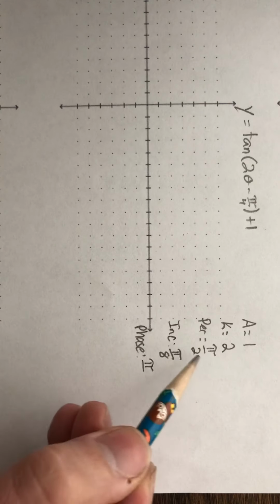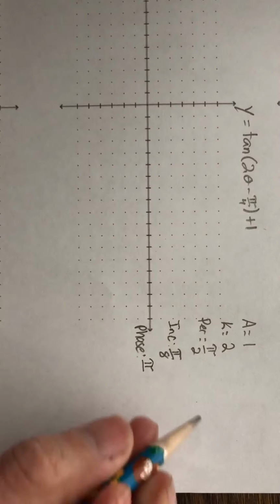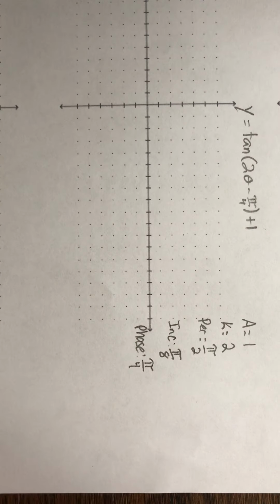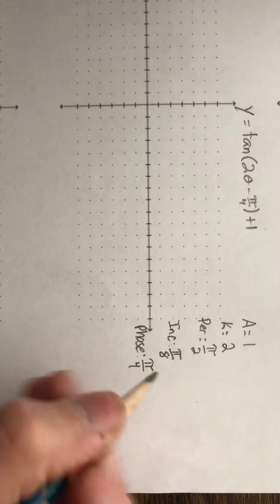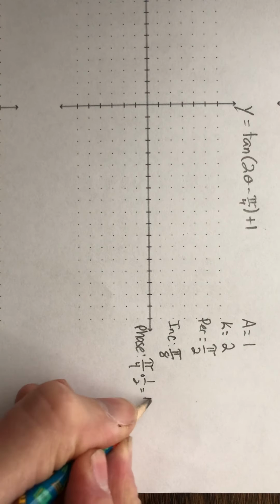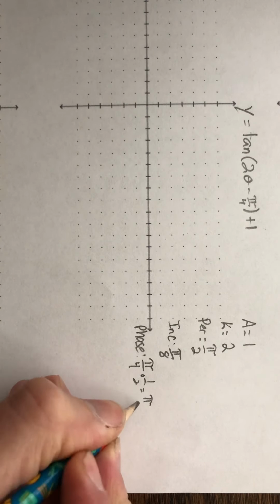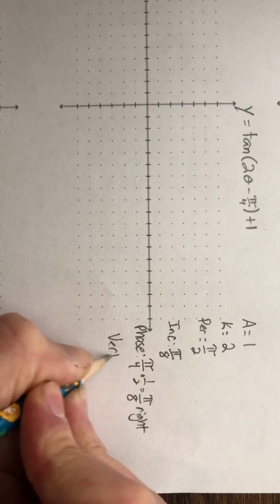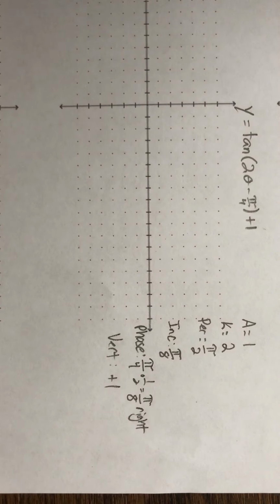Okay, so it's pi over 4 divided by 2 or times 1/2. Okay, that would give you pi over 8. And you're going right. Okay, and our vertical shift is a +1. Okay.